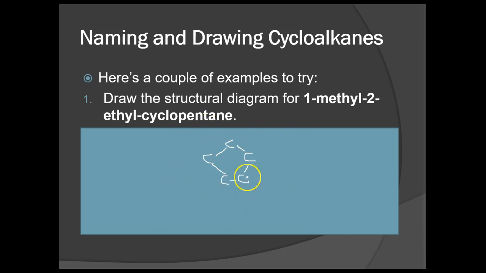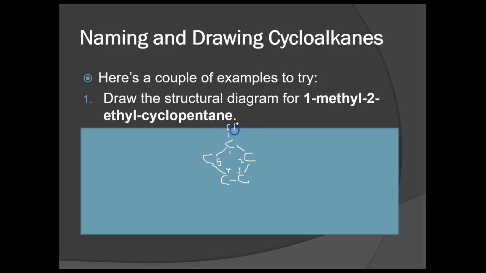Now at this point, once you've drawn your cyclopentane, we need to add our branches. You can decide which carbon you want to be number 1. There's really no rhyme or reason. So if we call this number 1, we'll go clockwise around because that's the way we tend to work things. So 1, 2, 3, 4, 5. And then we have a methyl branch coming off of carbon 1.